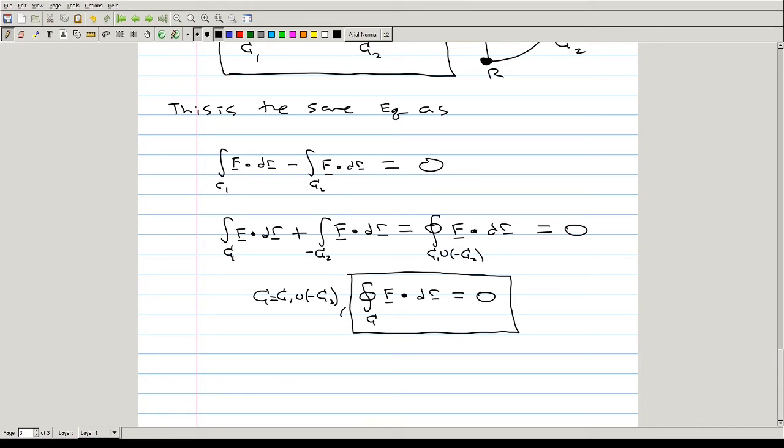So it's actually relatively straightforward and easy to show the inverse of this statement, which is very, very nice.